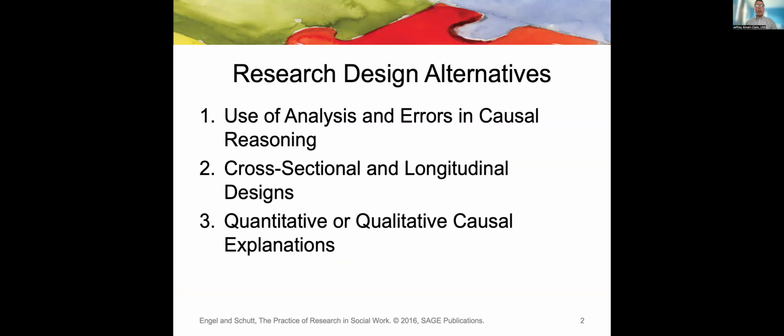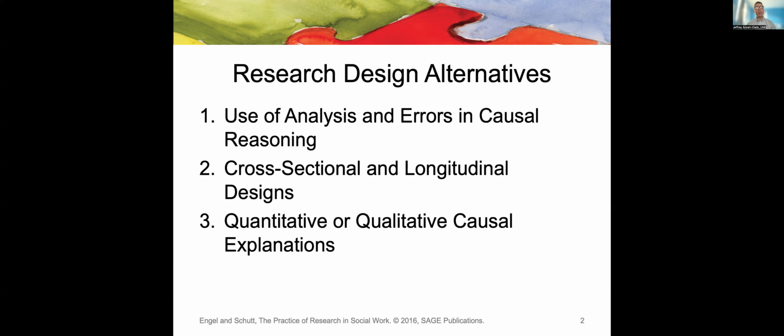When we talk about causation, we need to think about how we structure our design. You need to have a good theory of how this is going to play out. Generally it is more of a qualitative thing to be able to indicate causation.